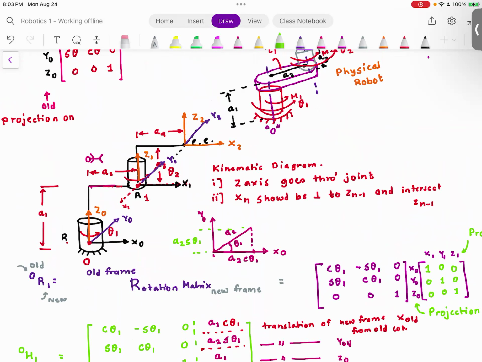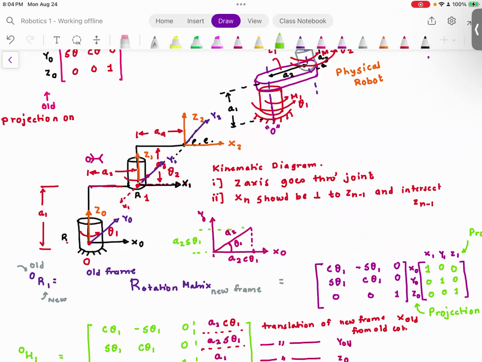So the rotation matrix that we derived will remain unchanged. Similar to this rotation matrix, what I need to do is first write the rotation matrix, multiply that by the projection matrix. But remember, now our frames are different.